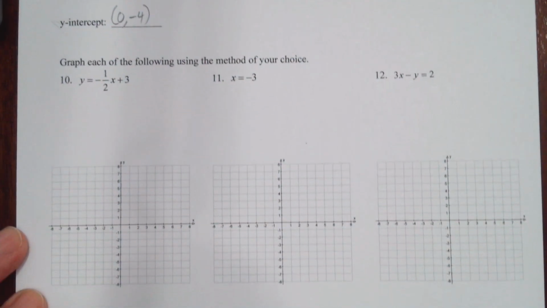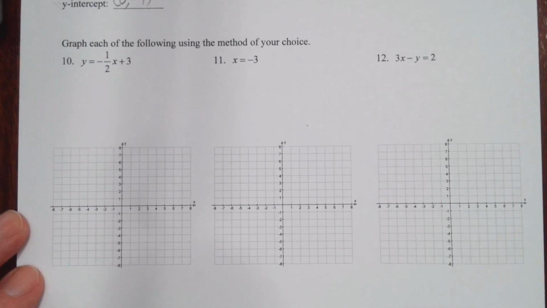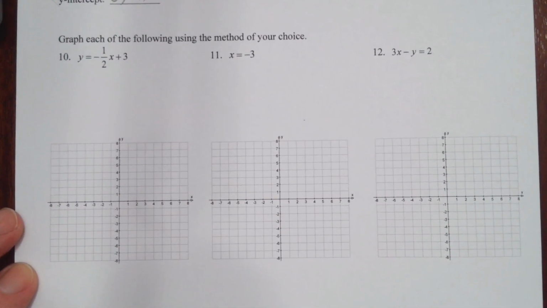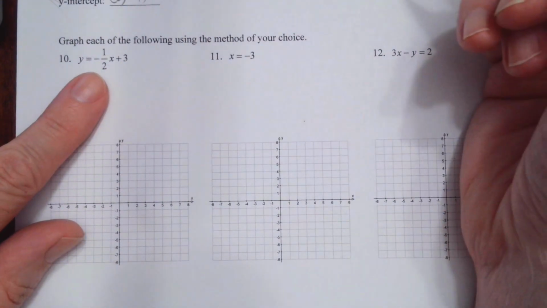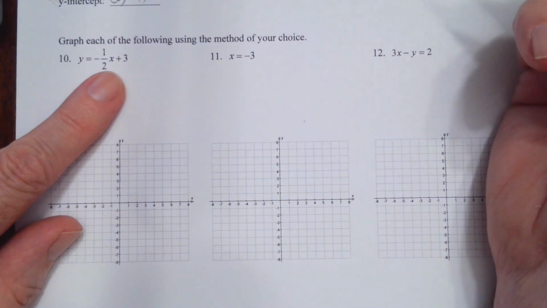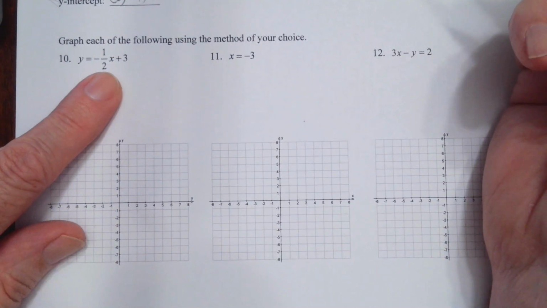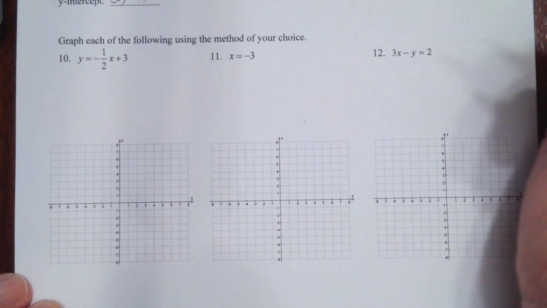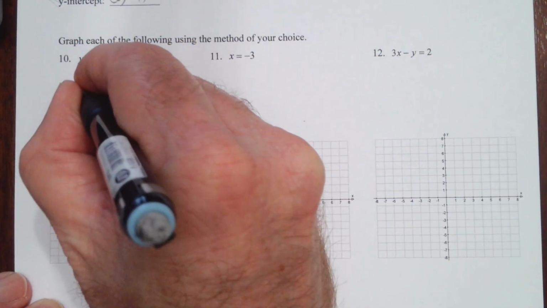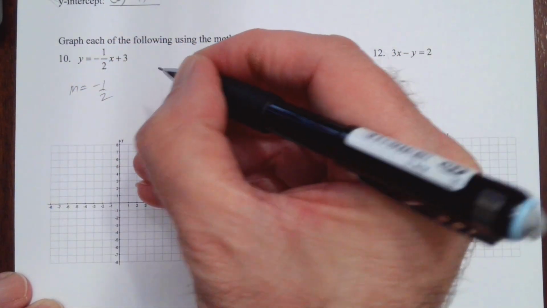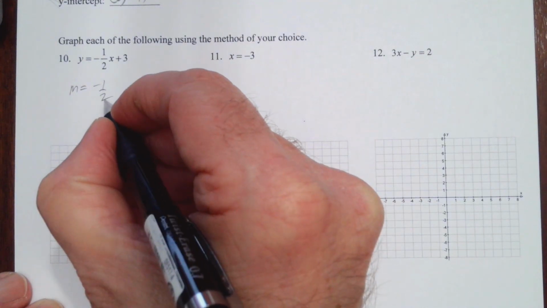Let's go down to numbers 10 through 12. So now that we've covered each of the three types of methods, we're going to let you graph however you want. So on number 10, you're definitely going to want to use the slope and the y-intercept since it's already solved for y and it's in slope-intercept form. So our slope here is negative 1/2, which I'm going to write as negative 1 over 2.